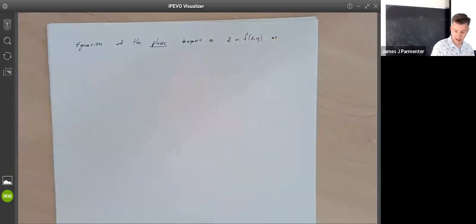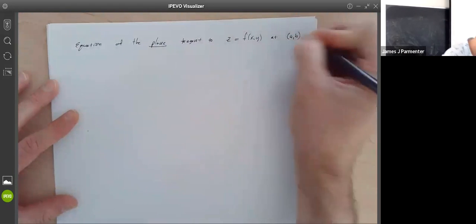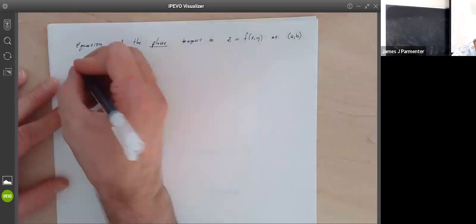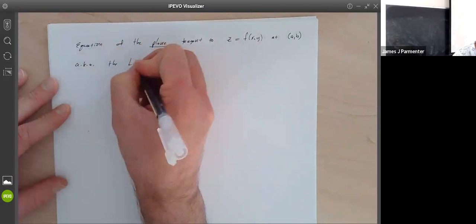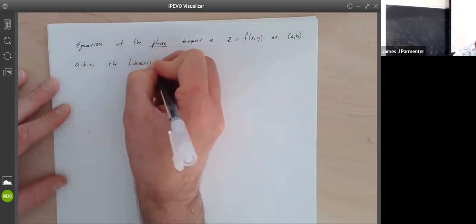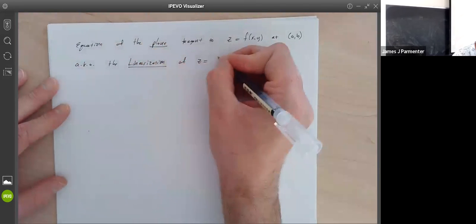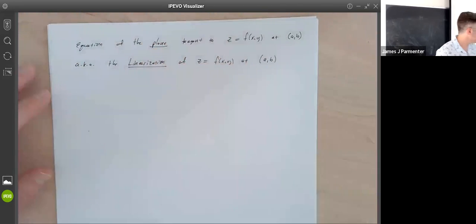I usually write x naught, y naught as in your book, but Dr. Liddell likes to write a, b, so I'm going to do that. Again, this is the linearization of z equal to f of x, y at the point a comma b.